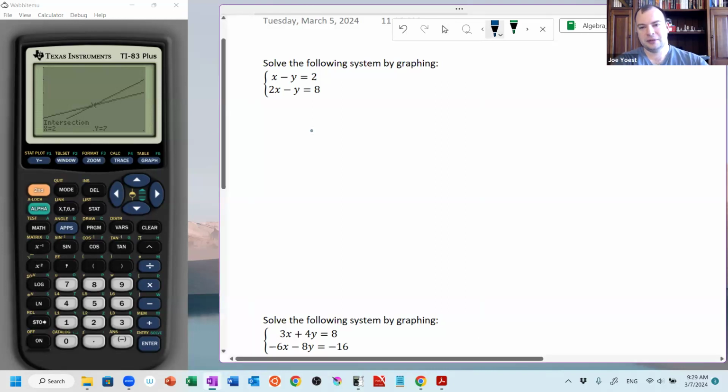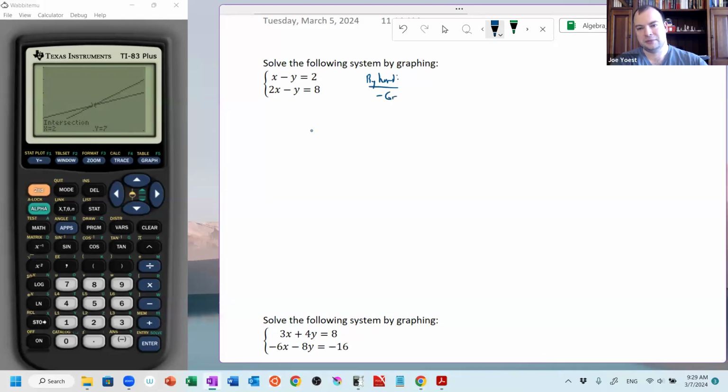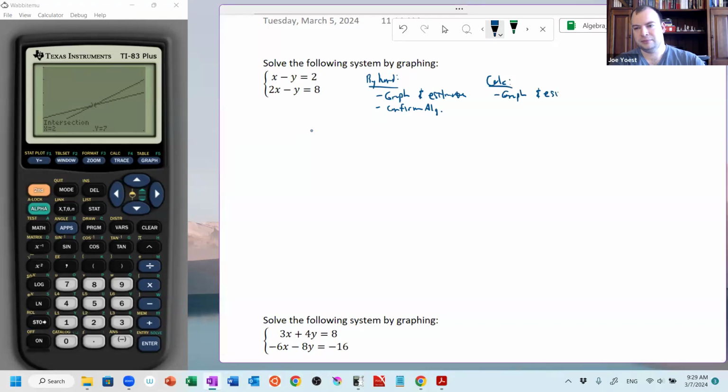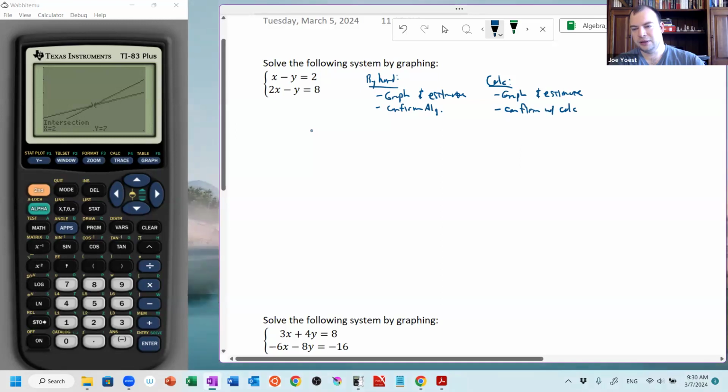So by hand, graph and estimate, confirm algebraically, and on the calculator, graph and estimate, and confirm with the calc intersect tool.